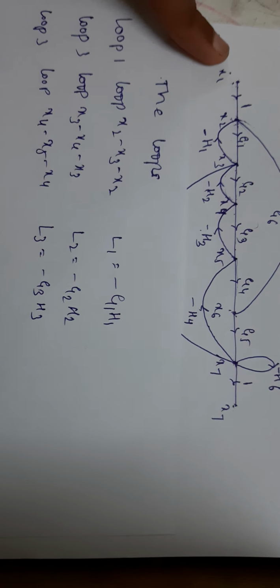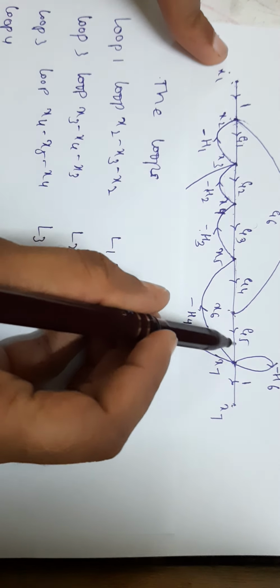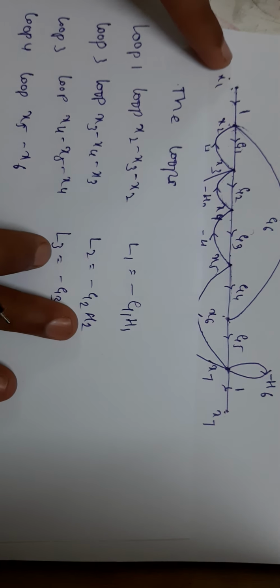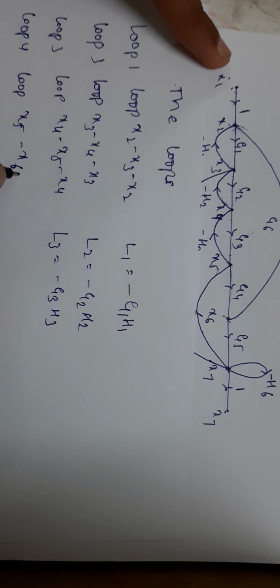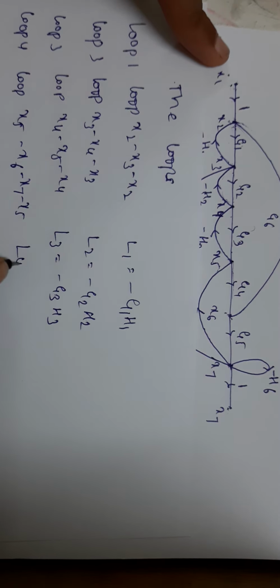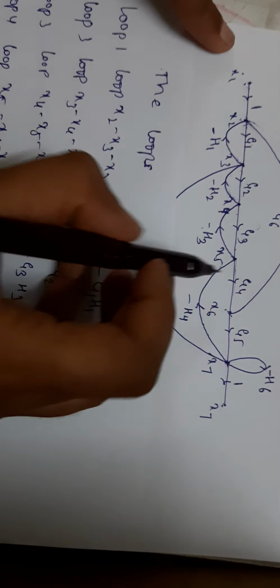Okay, loop 4. Loop 4 is this one: x5 to x6, x6 to x7, x7 to x5. That is L4 equal to G4 into G5 into minus H4, that is minus G4 G5 H4.